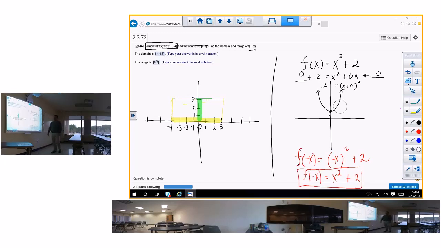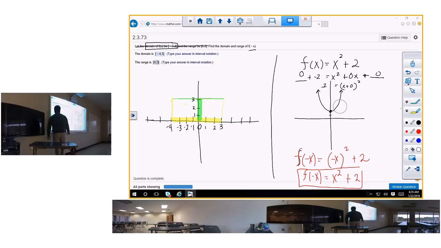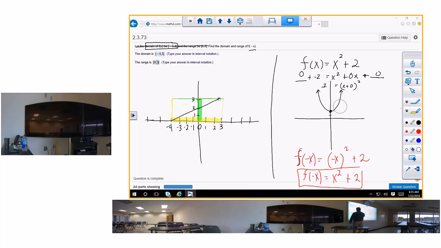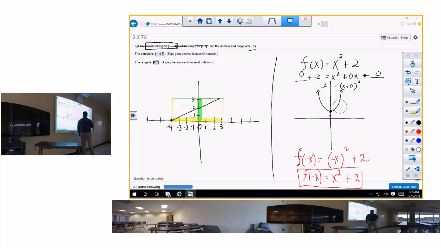The domain and range is the same. So I think what they're trying to get you to see is that usually if you have a graph, this might help you. This is the area that we have to deal with. If you have a line that goes from here and it crosses 2 and it goes to right there, then the reflection of that would be this.